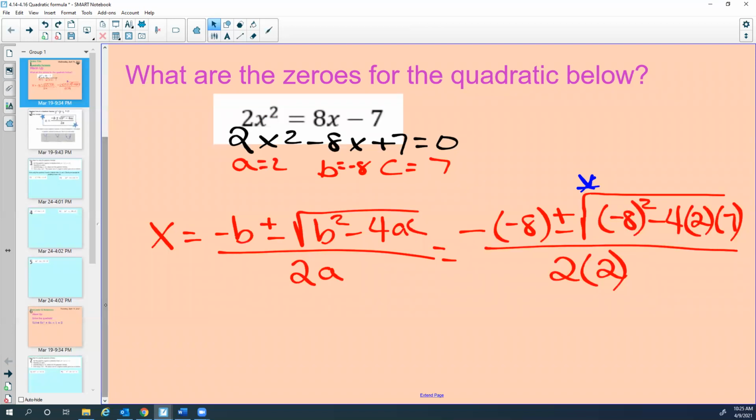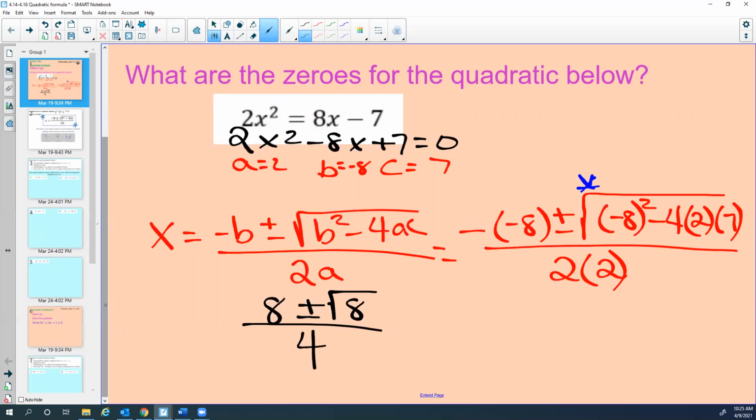So at this point, I have negative 8, which is a positive 8, plus minus the square root of 8, all over 2 times 2, which is 4. So then what are my two answers? Well, my two answers are going to be 8 plus the square root of 8 over 4, and 8 minus the square root of 8 over 4.